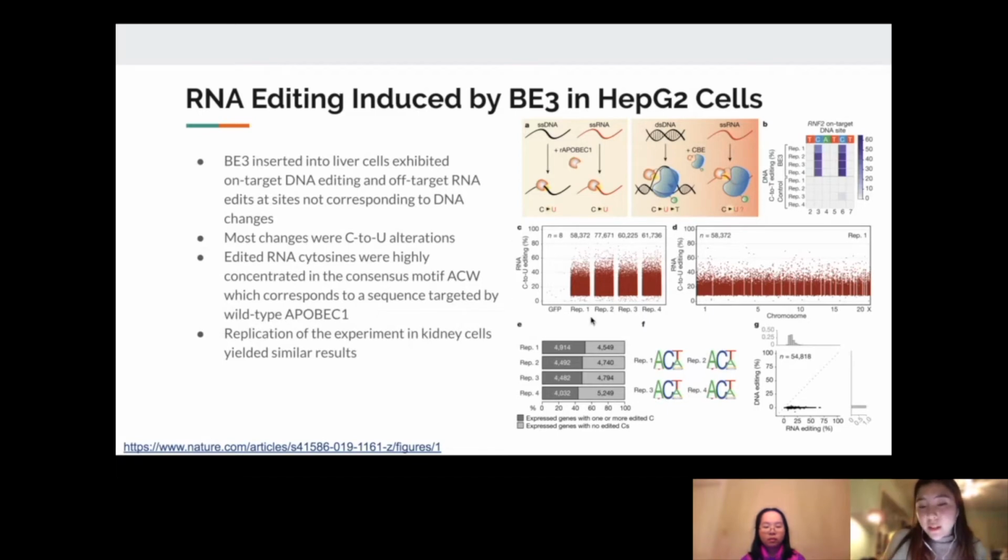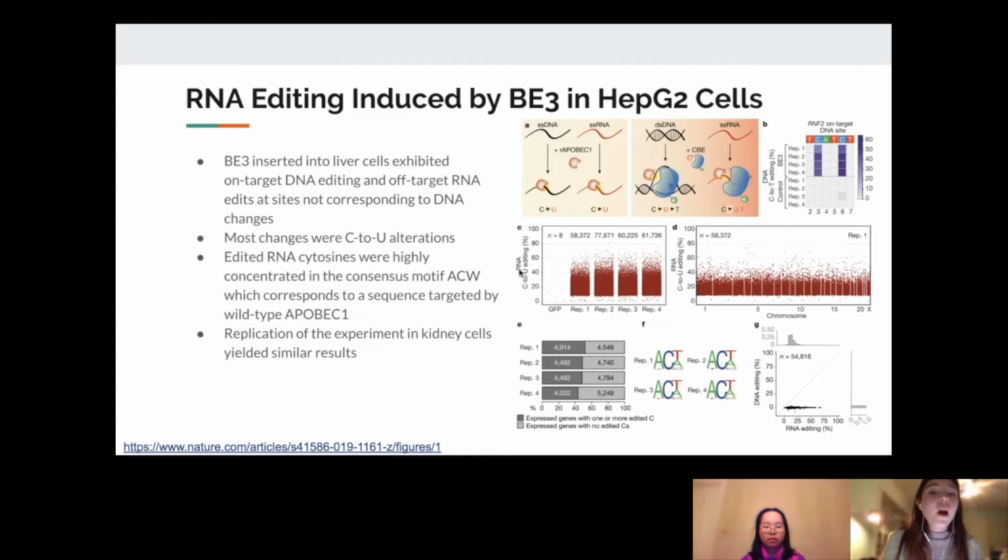So if we look at this part in C, we can see that the first column is labeled GFP. This is for the negative control. So this one right here with the GFP was transformed with the plasmid that contained the control sequence, which is BE3 minus the rat ApoB-C.